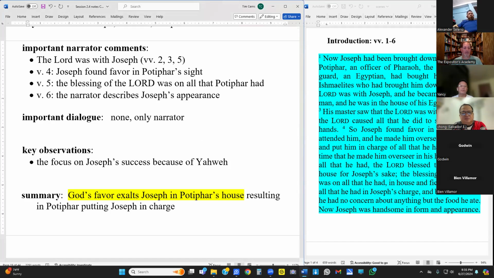For example, God's covenant is about to be fulfilled through Joseph in the house of Potiphar in Egypt, something like that. Because that would also be a kind of transition to the book of Exodus. I'm just curious if we can do that as well.